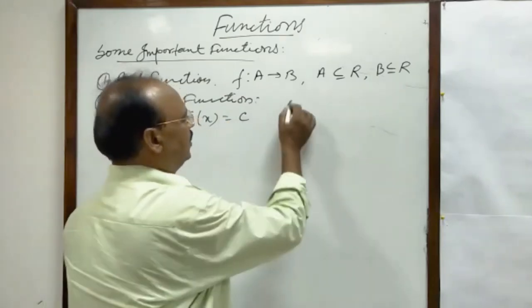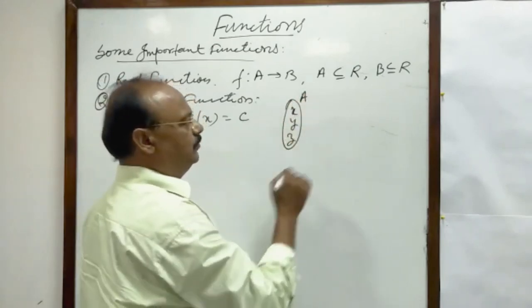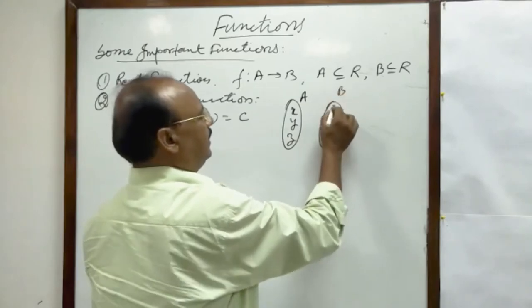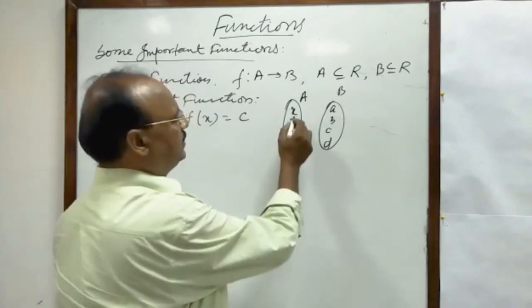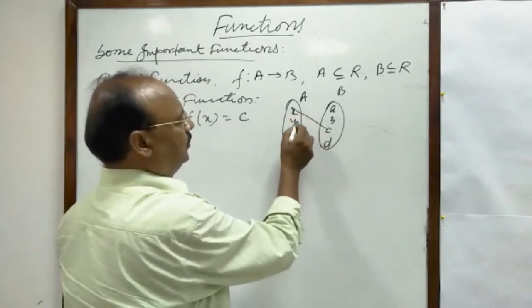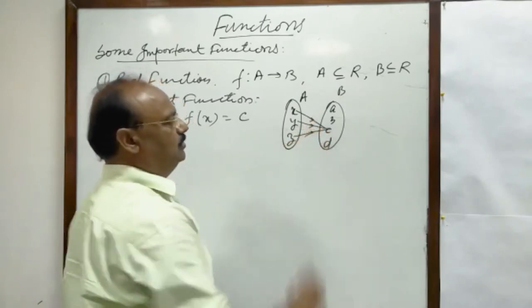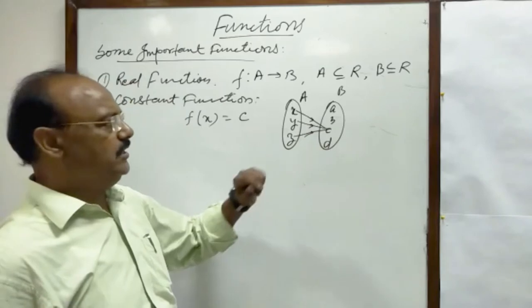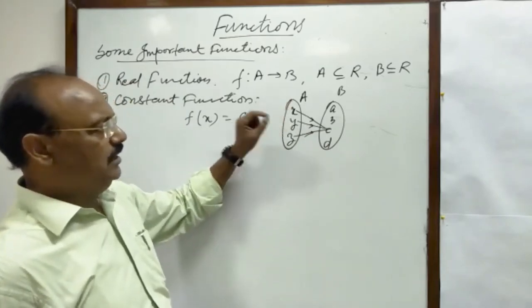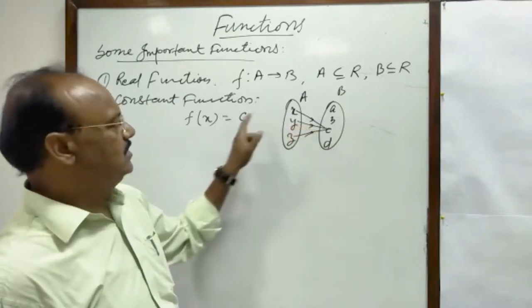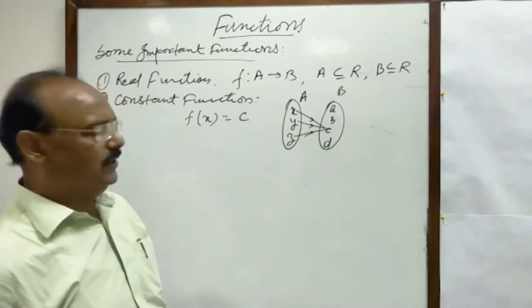As for example, suppose set A is having elements x, y, z and set B is having elements A, B, C and D. If element x is having image C, y is having image C, z is also associated with C. So this is an example of constant function because here each and every element of set A is having only one image which is C here, a constant number. So this is known as constant function.